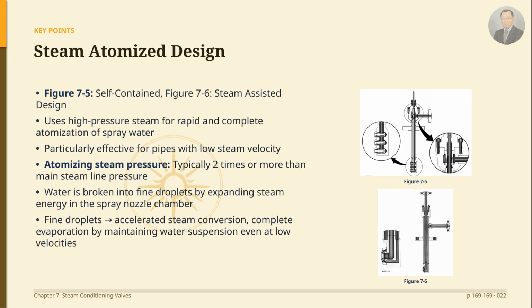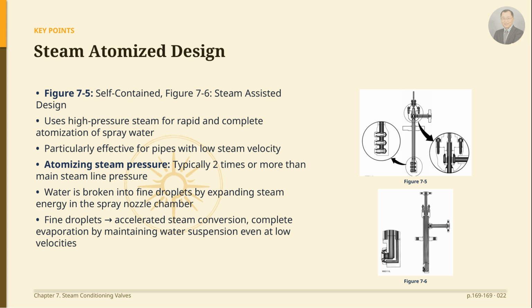Figure 7.5 shows the self-contained design, and Figure 7.6 shows the steam-assisted design that I will now explain. The core of this design is the use of high-pressure steam to atomize the spray water rapidly and completely. Therefore, it is especially useful in pipelines with low steam velocity. The atomizing steam, usually twice the main steam line pressure or higher, meets the water in the spray nozzle chamber.